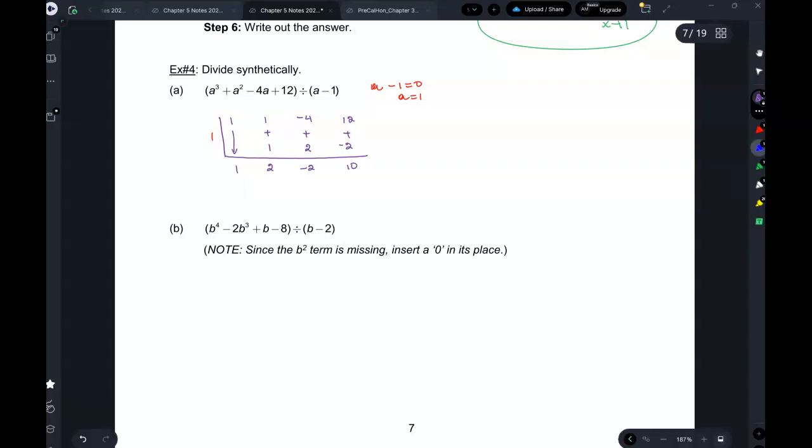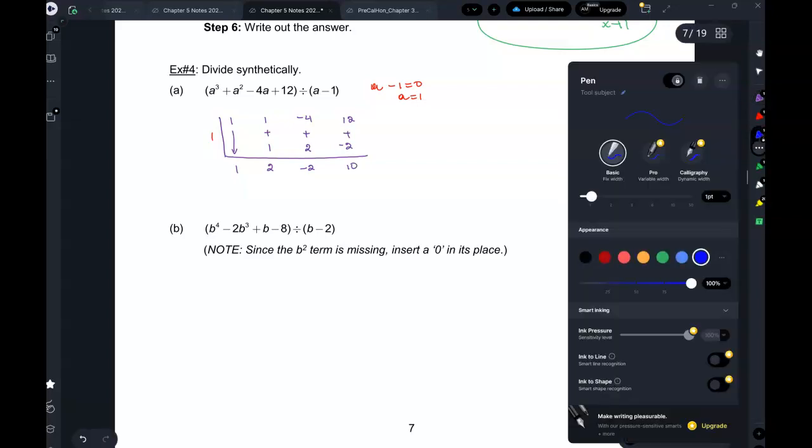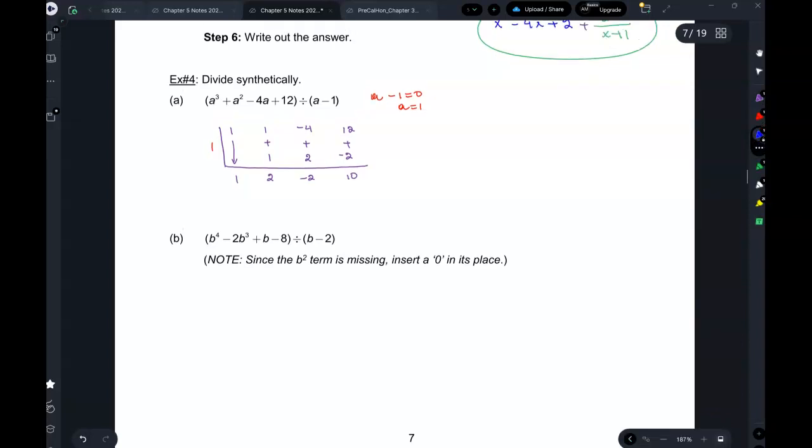Isn't it so much easier? Yeah, because before, you were really only dealing with the numbers. The variables were coming along for the ride. Okay, so now, this was an a cubed. Now it turns into a squared. A to the 1, and the other one has no a, because when you do division, it strips down the exponent by 1.